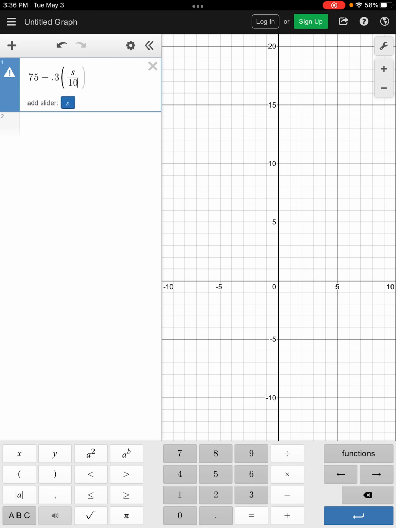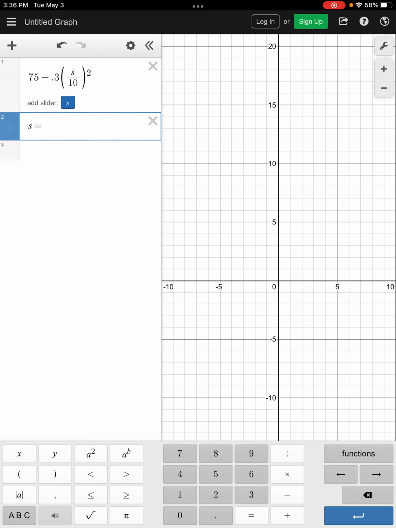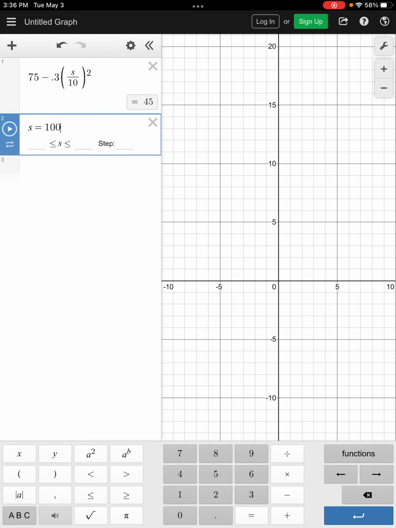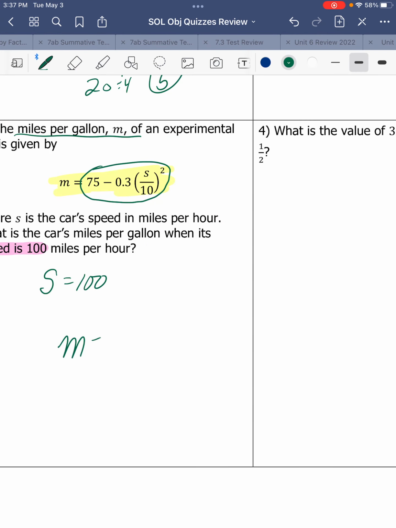I know on the SOL there are two different Desmos, and I'm not using the test mode Desmos right here, so the test mode might not work with the m equals. So slider, now you can't slide it to 100, but what we can do is click on it and type in 100 for the s. So then the answer is 45. So miles per gallon is going to be 45.